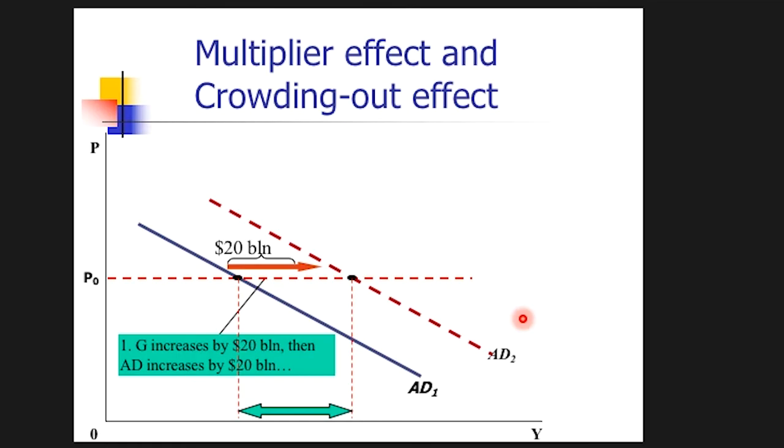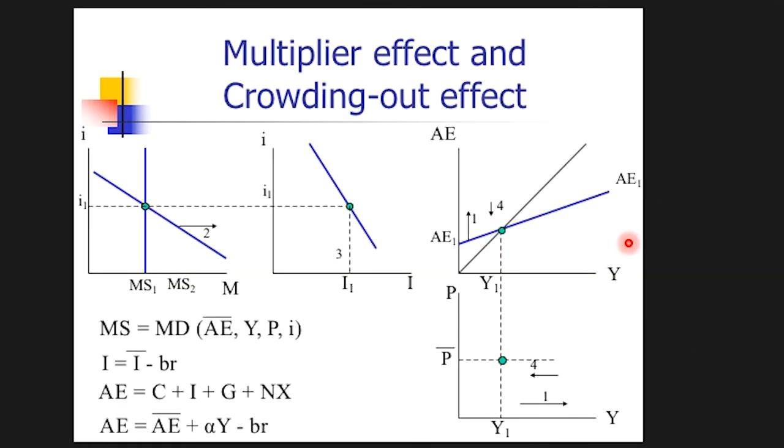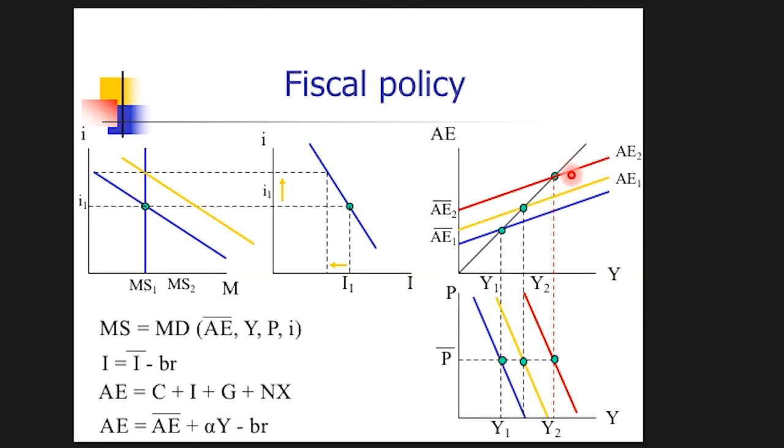But the crowding out effect reduced the aggregate expenditure and aggregate demand to the yellow line. So the final effectiveness of the policy is the distance between the blue and yellow line. And it means that the effectiveness of the policy is reduced and lower than the multiplier effect.